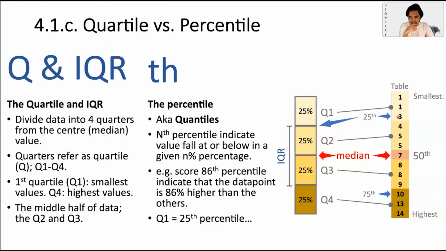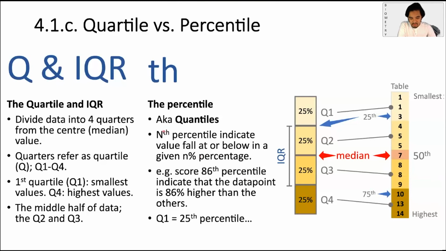The number 3 here is the 25th percentile. What it means here is that it is located at the first quarter of your quartile. The 75th percentile belongs to the number 10 here, which falls in the fourth quartile in your data.